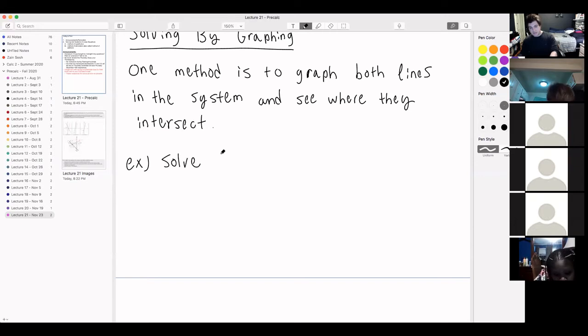Solve this system, 2x plus y equals minus 8, x minus y equals negative 1, by graphing.